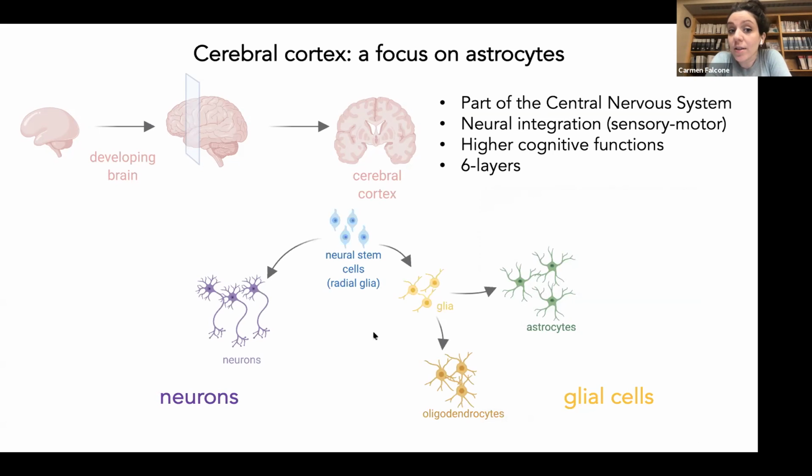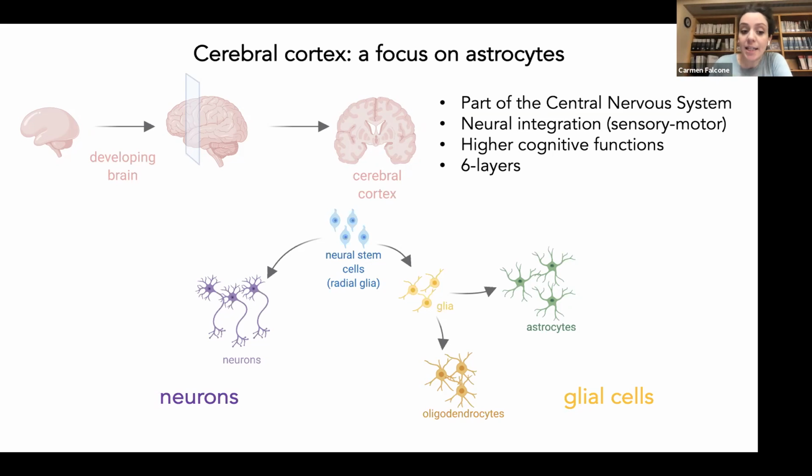The neural stem cells in the cerebral cortex are also called radial glia. That is a bit confusing because in the past, when nobody really knew what glia was, they were called radial glia because they were thought to be glia-like cells, but actually they're neural stem cells. They can give rise to all the variety of the cells of the central nervous system.